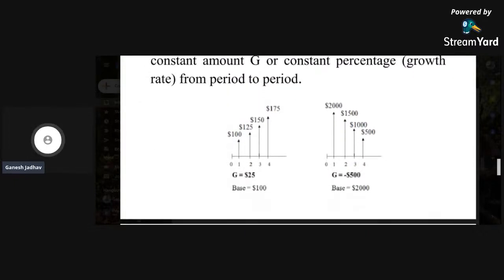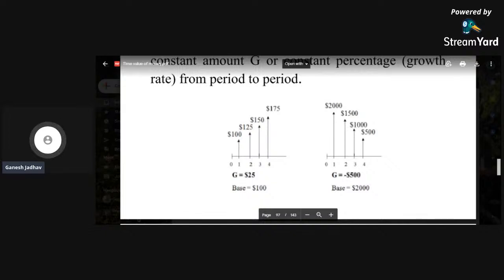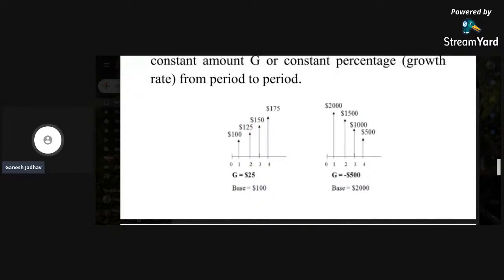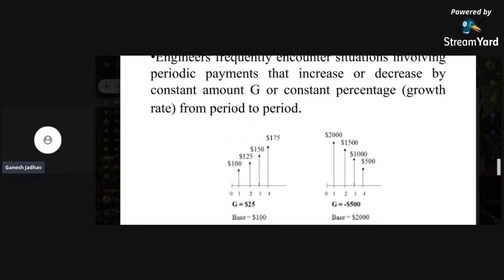You can see here G is $25, and the base means your initial value.